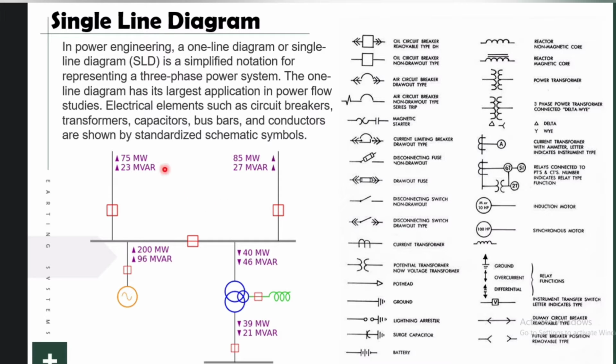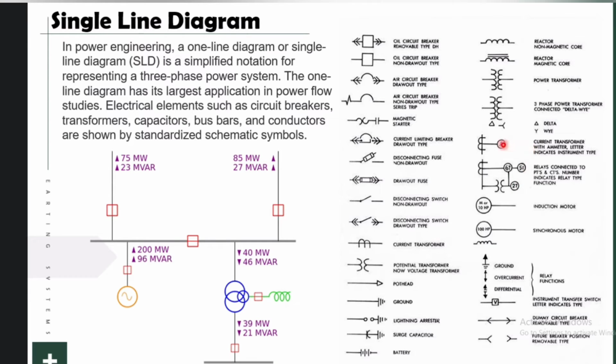This picture shows symbols for a single line diagram for the high voltage system. And see here, these are the most common types of symbols used for drawing single line diagrams. For example, this symbol is for a non-magnetic core reactor, and here this is a relay for measurement.